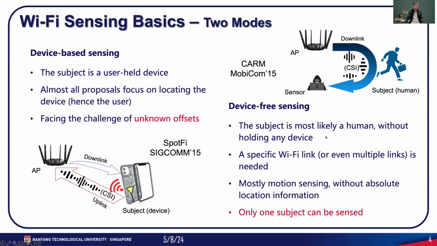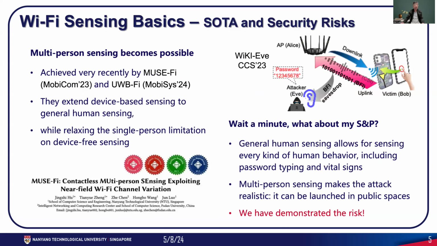But there is a catch: device-free sensing, up until last year, only applied to one subject. If there is more than one subject, their behaviors are mixed together. This has been an issue lasting for more than 10 years.